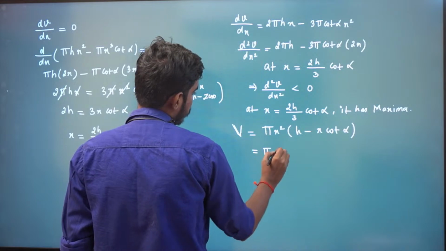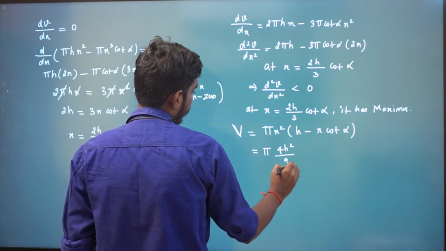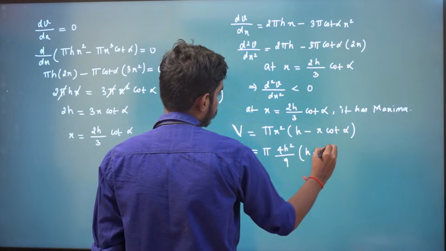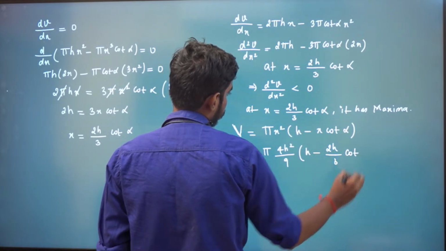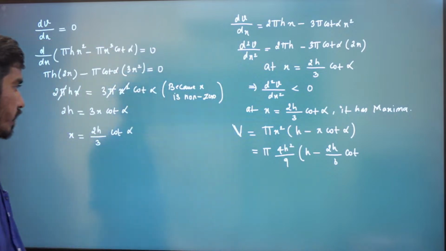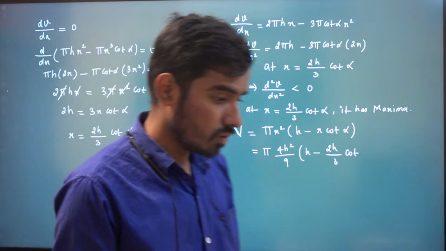So pi times x square, which is 4h square by 9, into h minus x cot alpha. x is 2h by 3 cot alpha only, right?